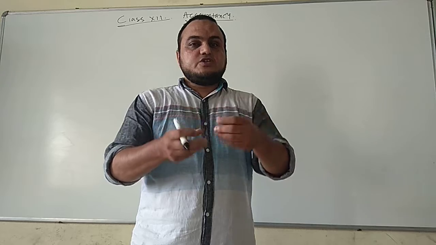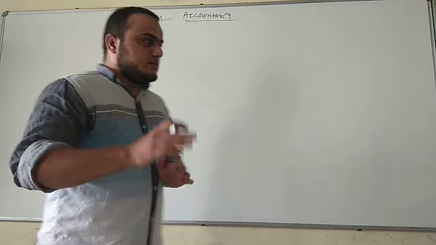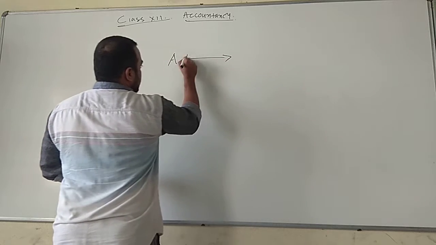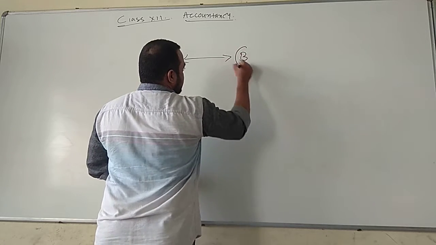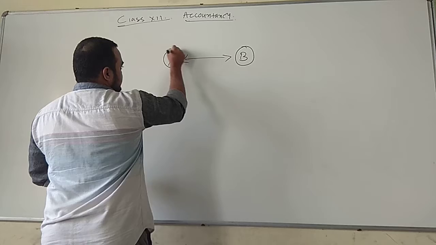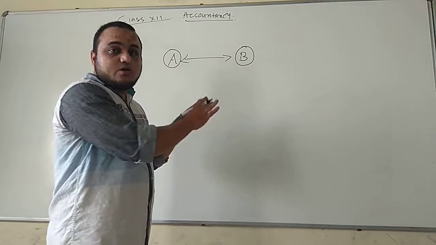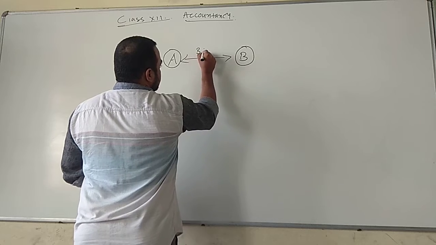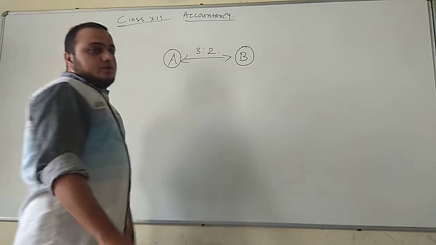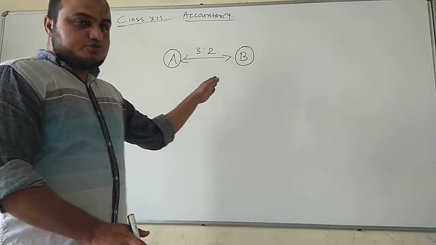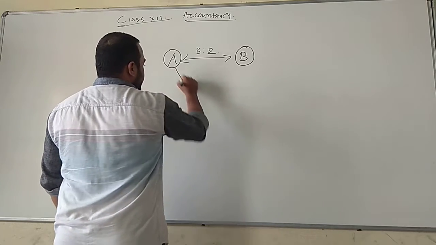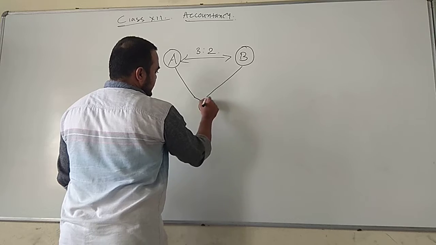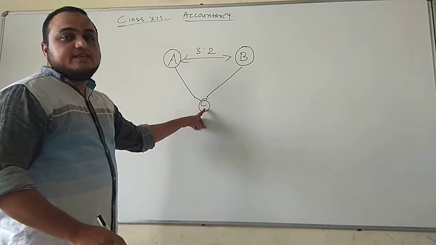Now, suppose the question is given like this: A and B are partners. These two are already partners, and the ratio is 3:2. They have admitted C as a new partner.